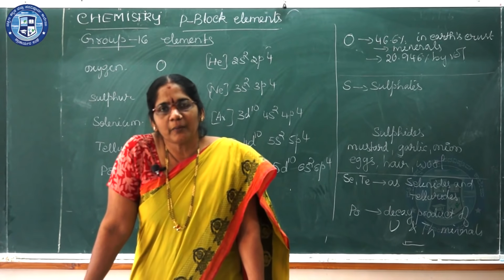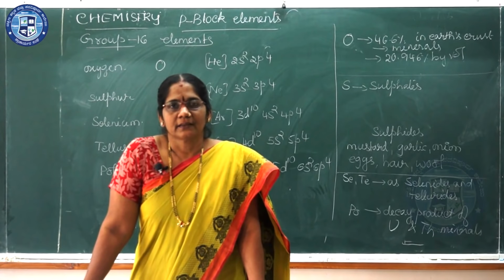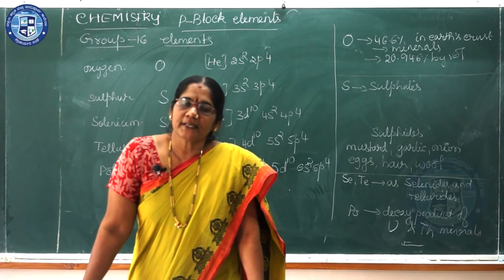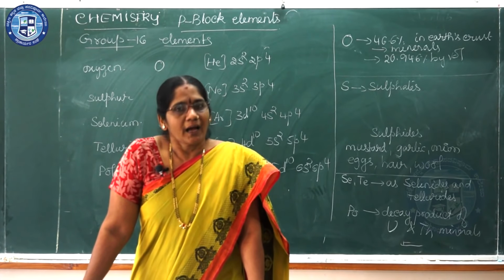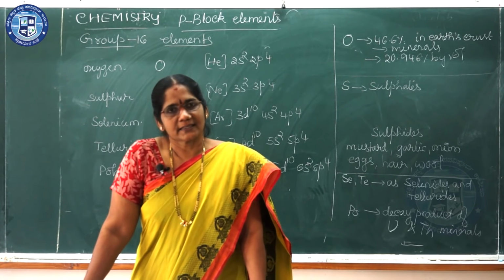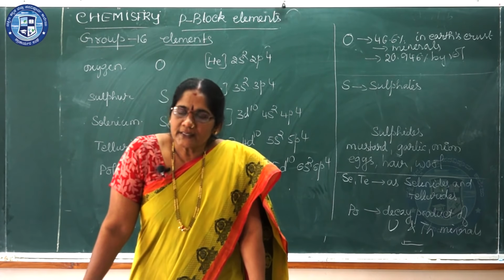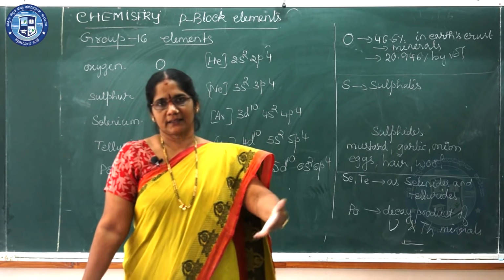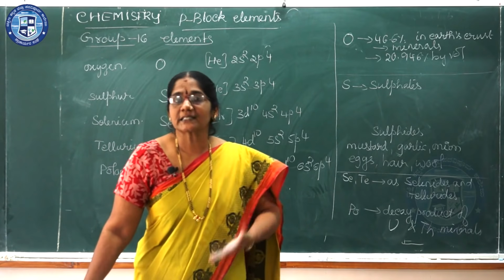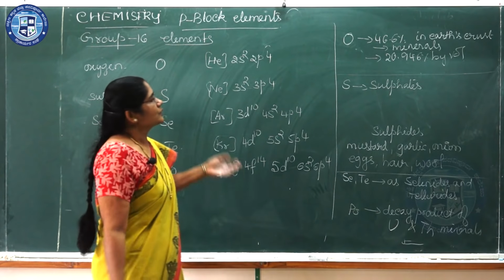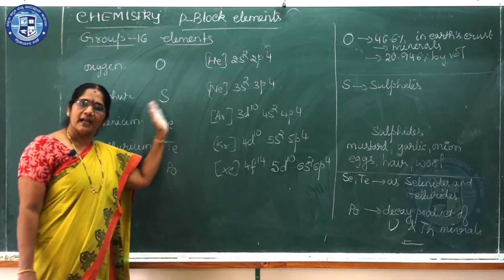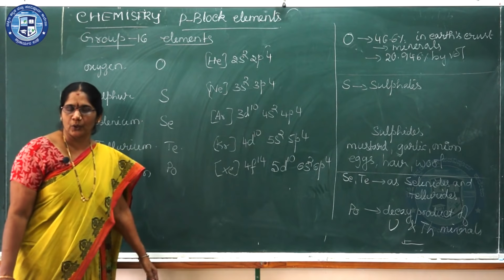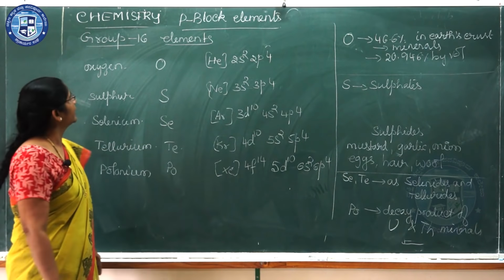We have studied about group 15 elements, then about preparation, properties and uses of nitrogen, ammonia and nitric acid till now. With this, the study of group 15 is over. Next, we are going to start group 16 elements. You can see group 16 after group 15 in the periodic table at the right extreme end.